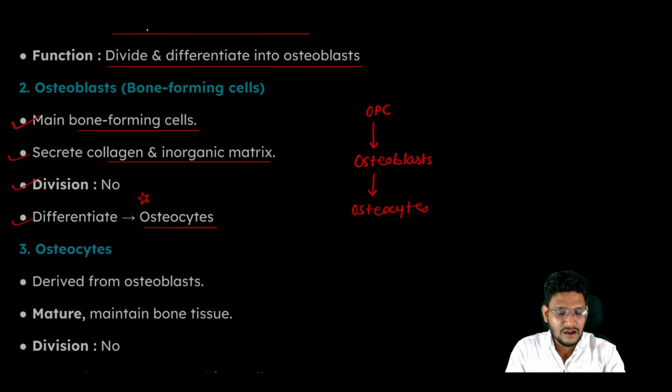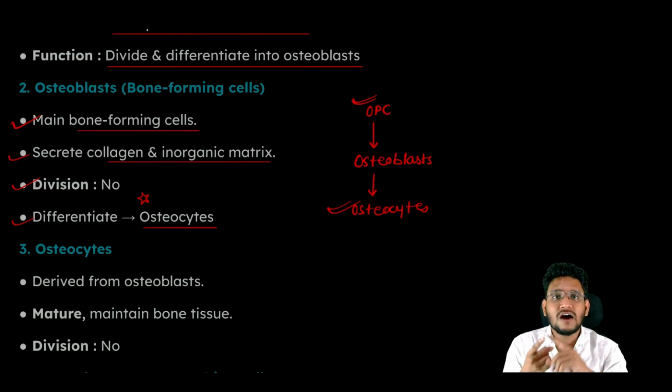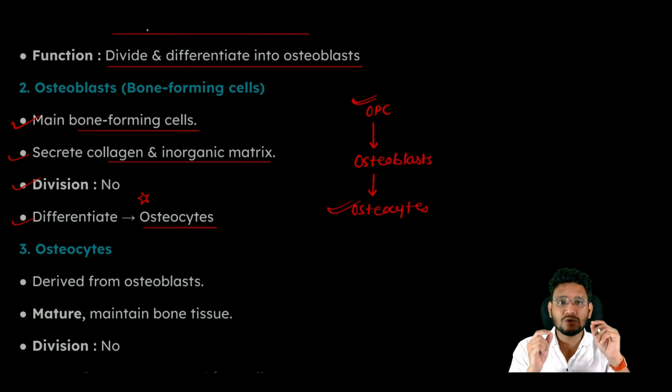Osteocytes are mature cells. Osteoprogenitor cells are the only cells of the bone that are undifferentiated and can divide. Other cells of the bones can't divide. So finally osteoprogenitor cells will give rise to osteoblasts, and these osteoblasts will differentiate into osteocytes.